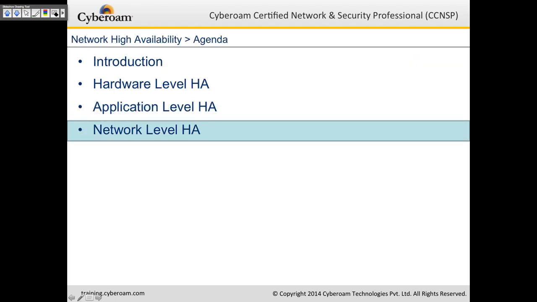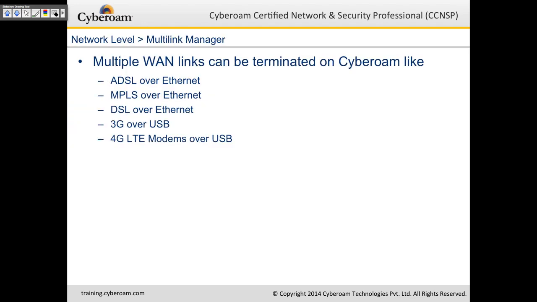Now let's have a look at the network level high availability. Multiple WAN links can be terminated on Cyberoam, like you can have ADSL over Ethernet, MPLS over Ethernet, DSL over Ethernet, 3G over USB as well, and even 4G LTE modems over USB. Cyberoam has a multi-link manager which is responsible for managing the network level high availability.